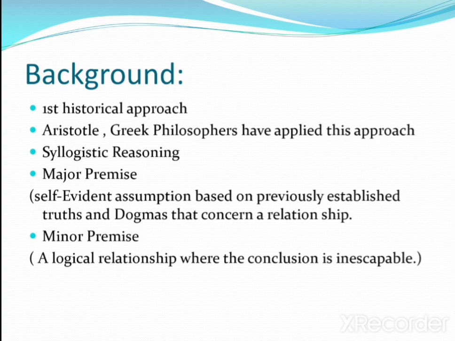Syllogistic reasoning basically talks about two premises. One is major and the other is minor. The major premise tells us that some problem will be self-evident, and that self-evident assumption will be based on previously established truths and dogmas that concern a relationship.